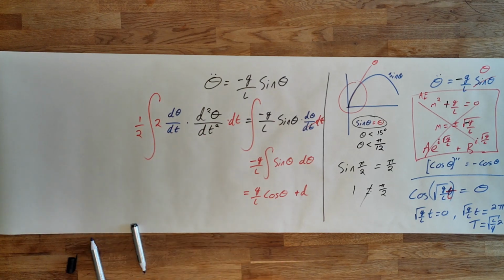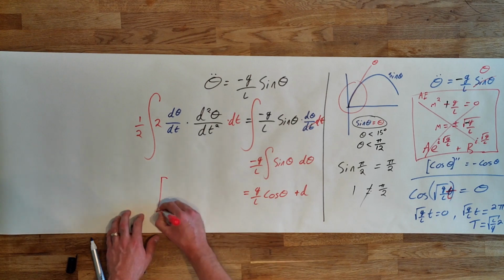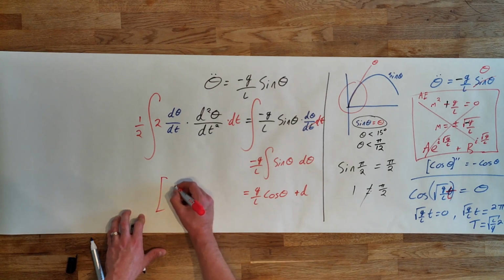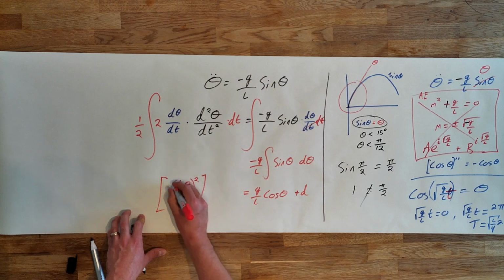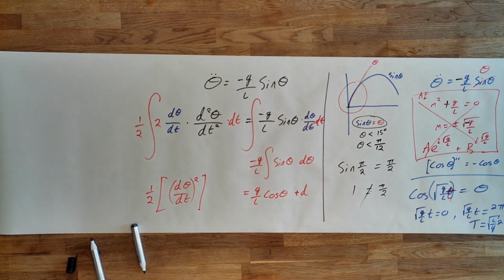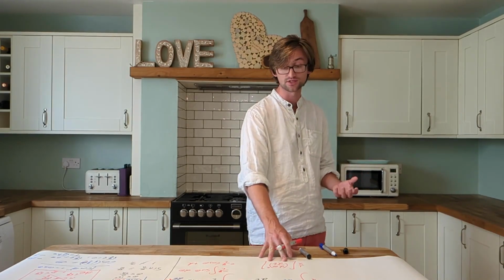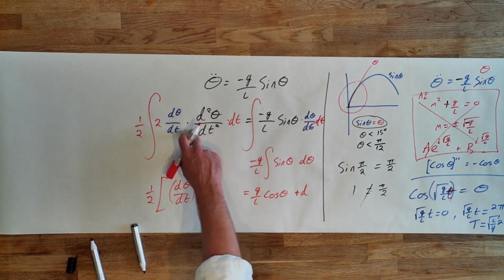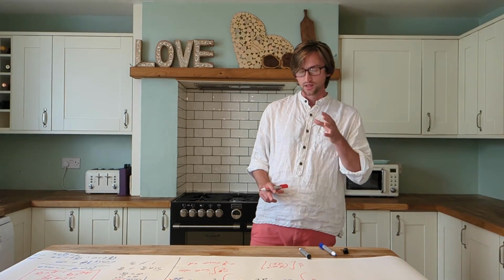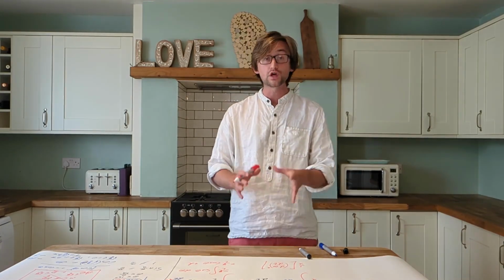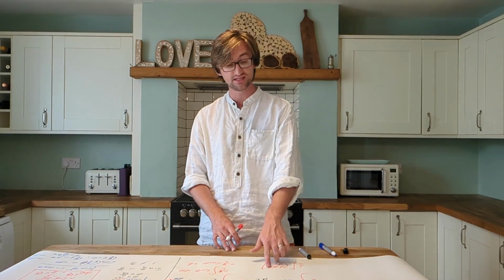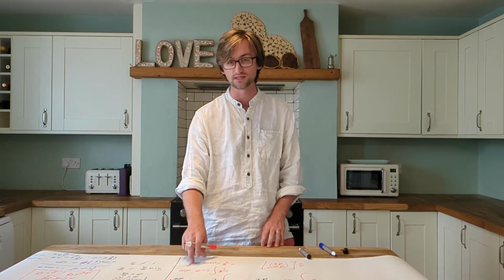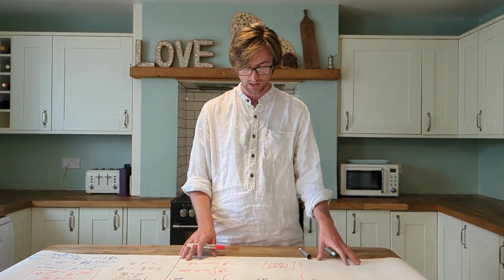I can rewrite all of this as the d theta dt squared times by a half. If you're not sure about that, start with this function here, differentiate it, you'll notice that you get back to that equation. And this is going to be equal to that. So I've now got a new way of writing out my equation. A half d theta dt squared is equal to g over L cos theta plus some kind of integration constant.